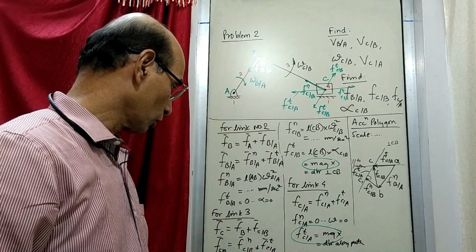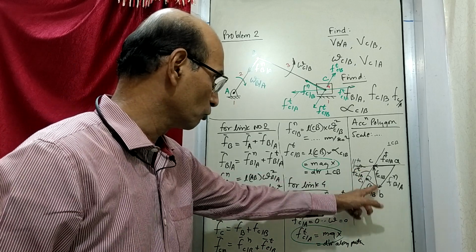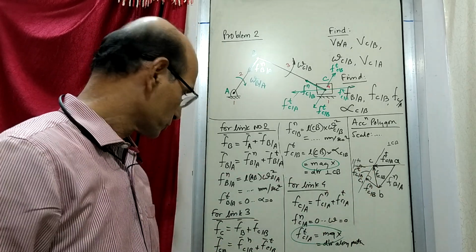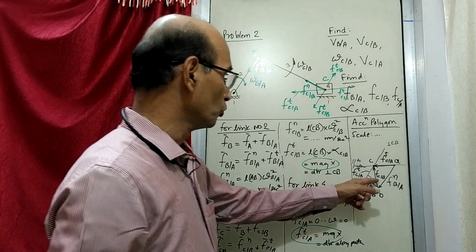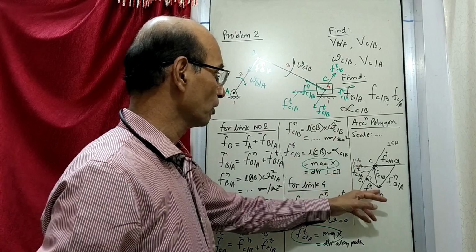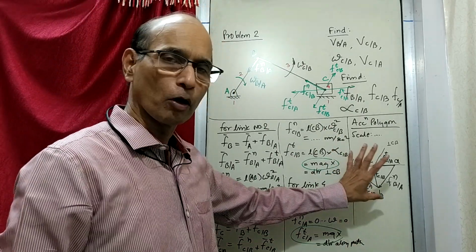Normal plus tangential equals total. This is the total vector, from C to B, and here it is from B to C. Okay, so now this polygon is over.